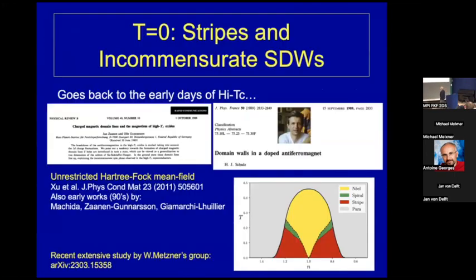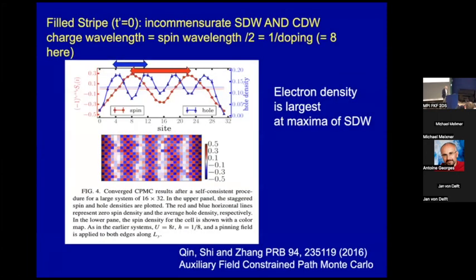So what is stripe ordering? Stripe ordering really is the fact that there is a modulation of the spin density, which is here the red line. And what is depicted here is the prototypical stripe at 1/8 doping in that case, in which the charge wavelength is 1 over doping. The spin wavelength is actually twice the charge wavelength.